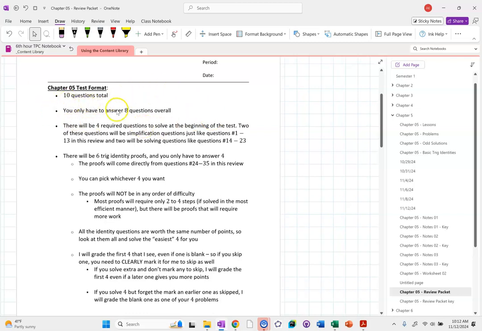You only have to answer 8 of them. It's going to be 4 required questions, 2 solving and 2 simplifying questions. And the other 6 are going to be trig identities. You can pick 4 of the 6.